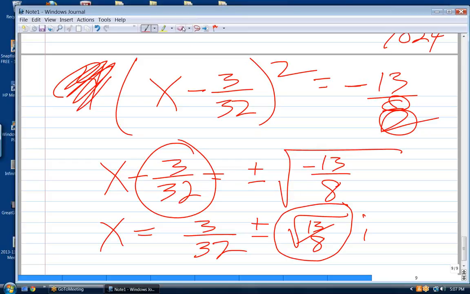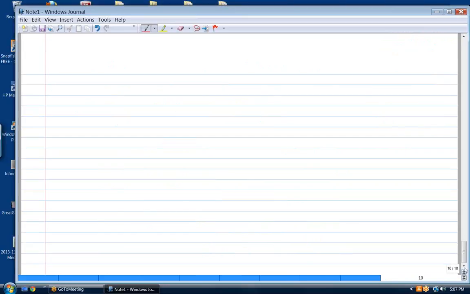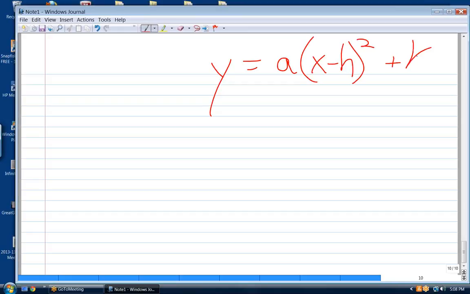Now, there's 2 places to use completing the square. One is to solve a quadratic, like we just been doing. The other is if they say, take this quadratic and put it in standard vertex format. This is standard vertex format.